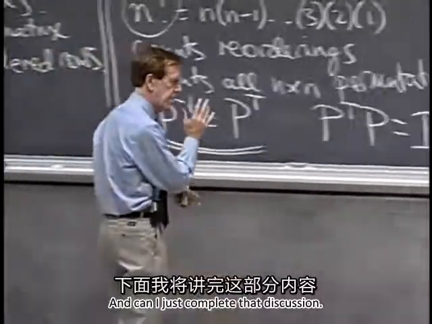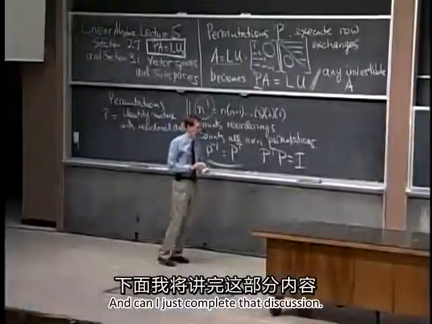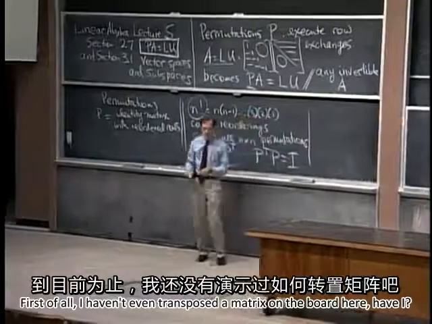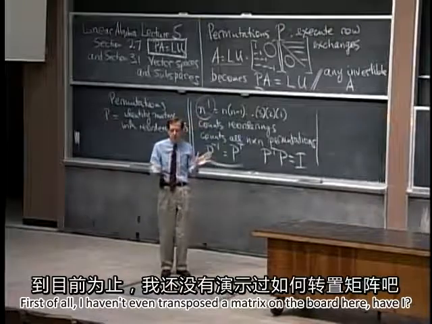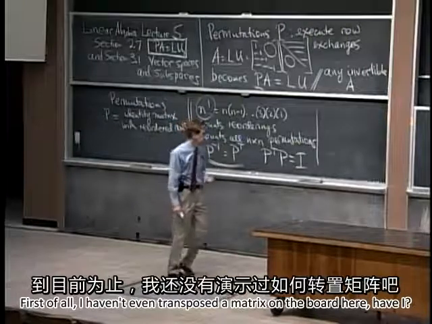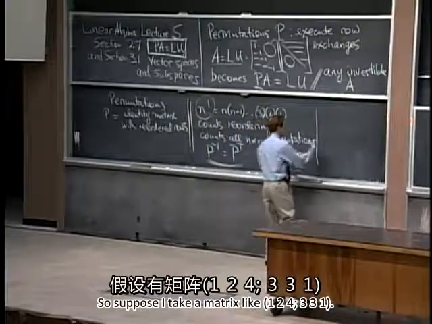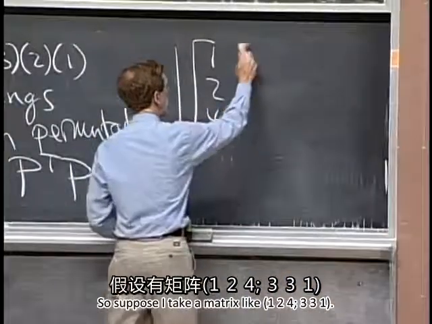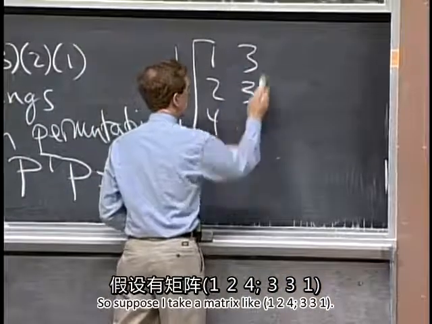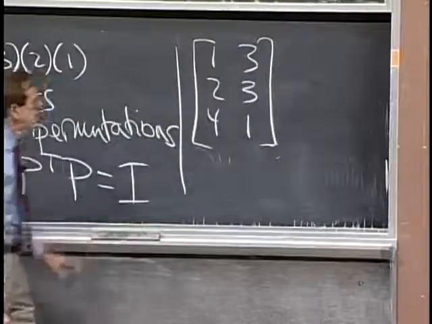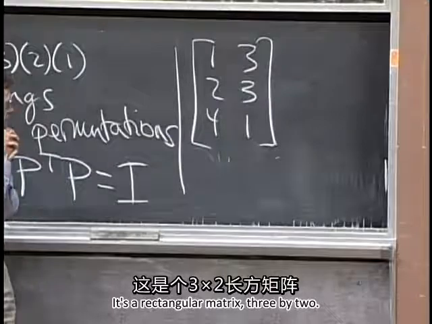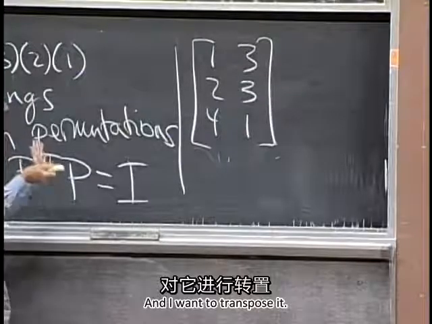And can I just complete that discussion? First of all, I haven't even transposed a matrix on the board here, have I? So I better do it. So suppose I take a matrix like 1, 2, 4, 3, 3, 1. So it's a rectangular matrix, 3 by 2, and I want to transpose it.